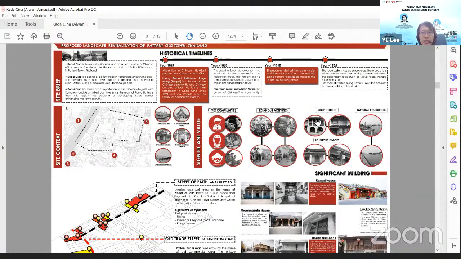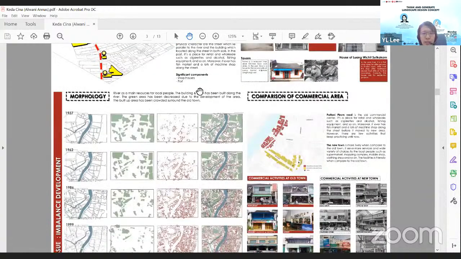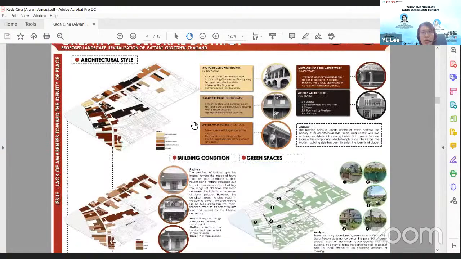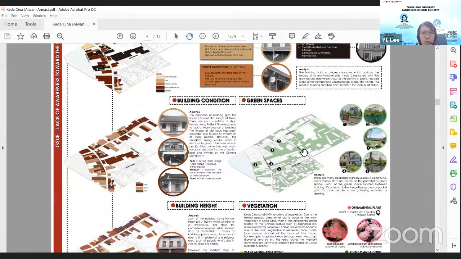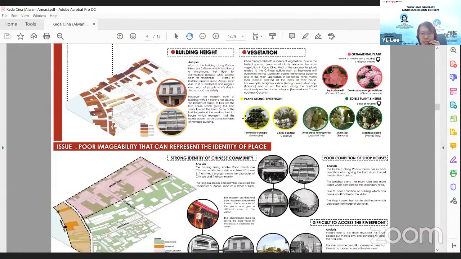Yeah, on the building studies, on the morphologies. And of course, there is the value of the architectures, the green spaces. And she highlighted also the poor imaginability and identity of the place.